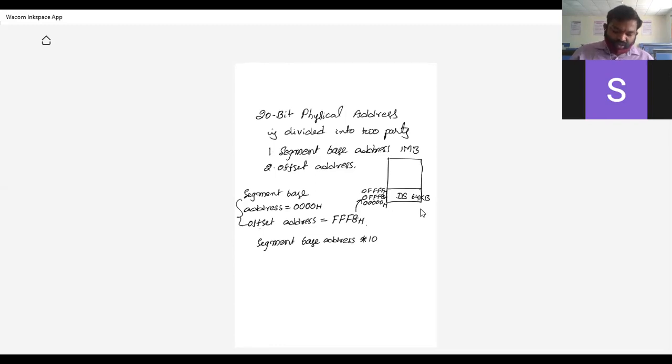So it comes like 0 0 0 0, and one more 0 will come here, segment base address, and another one is offset address, plus offset address.